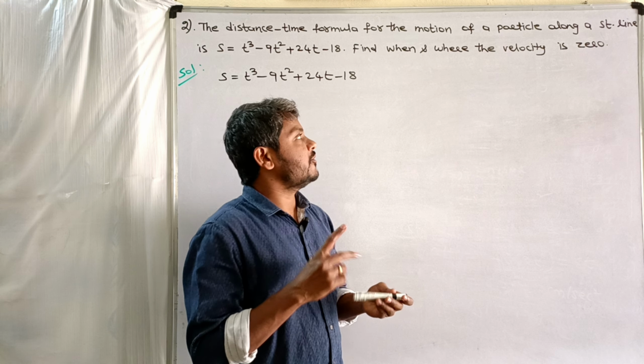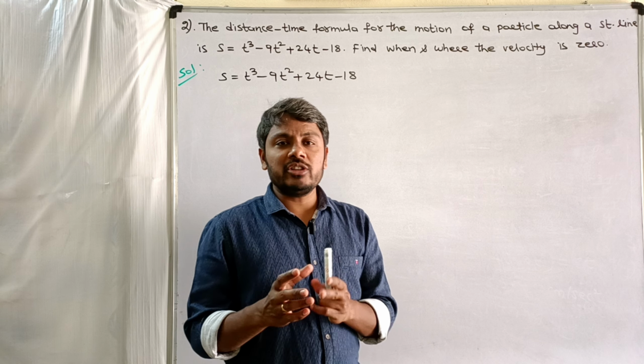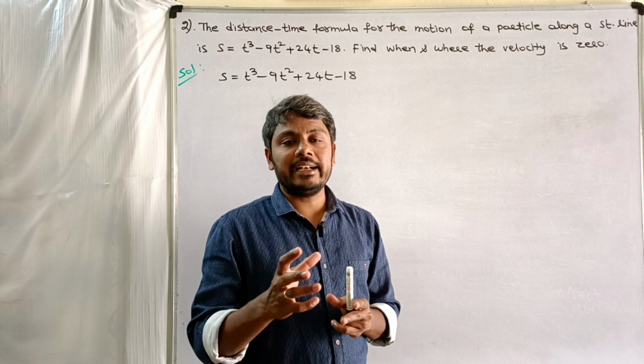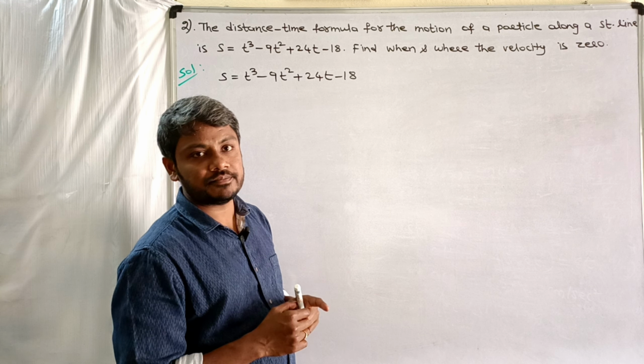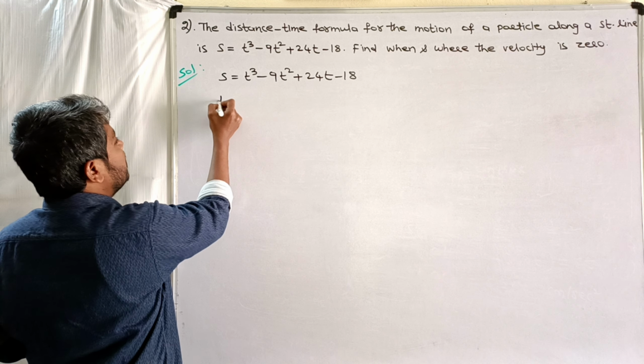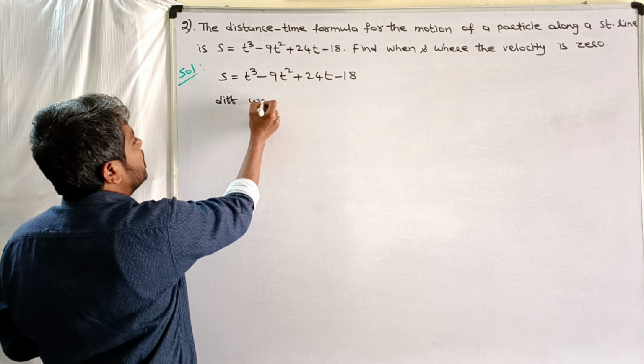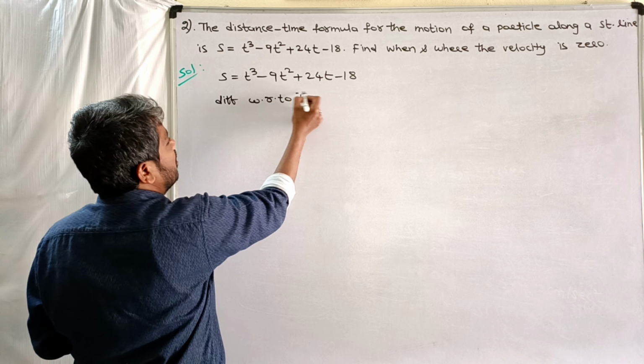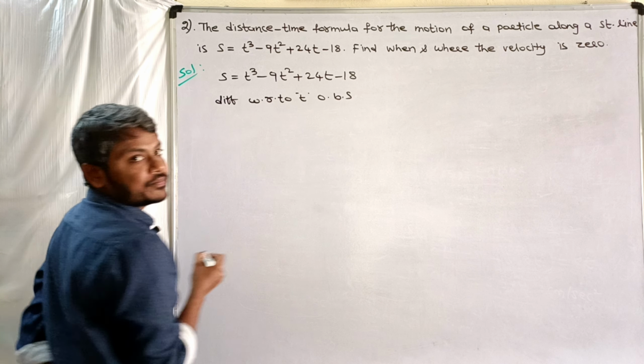Okay. So first you can find velocity. We know that velocity means the rate of change of displacement function. So we need to differentiate this function. Differentiate with respect to t on both sides.